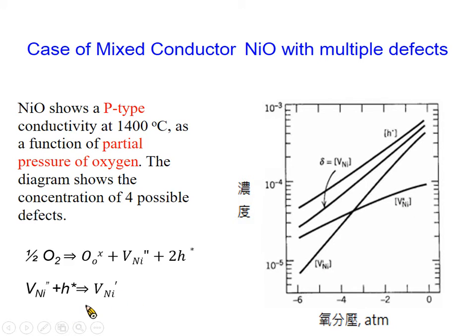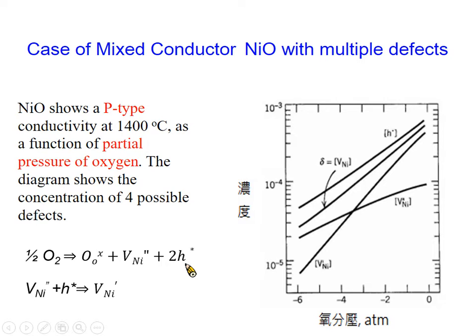So you can write out the subsequent equations to describe 3 types of nickel vacancies, also controlled by the concentration of those nickel vacancies and by the hole. So this is a very typical case that may happen in the nickel oxide, which is used as the anode material.